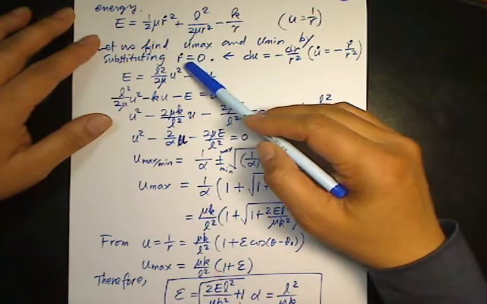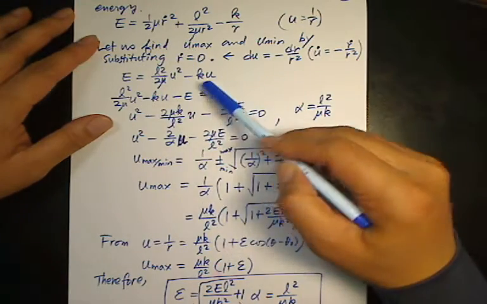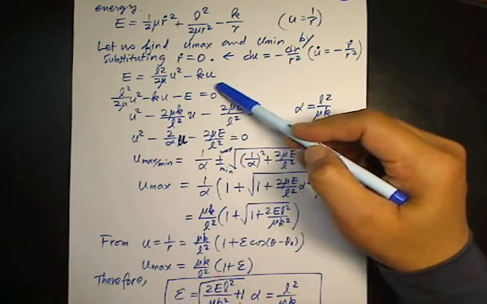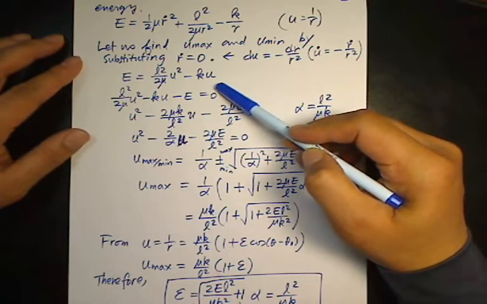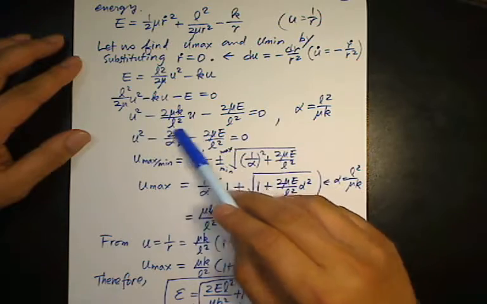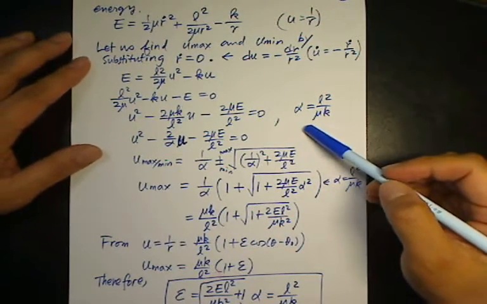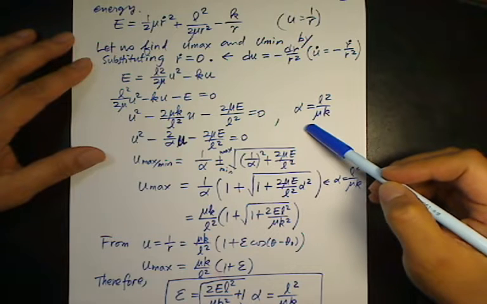Because r dot equals 0, radial kinetic energy vanishes and total mechanical energy gives a quadratic equation.